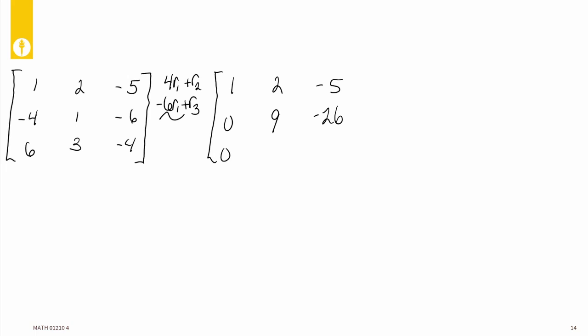What did you say again? -6 times 2 plus 3. -9. Right, it's -12 plus 3. Oh, that's promising. I like that. -6 times -5 plus -4. That makes me very happy.